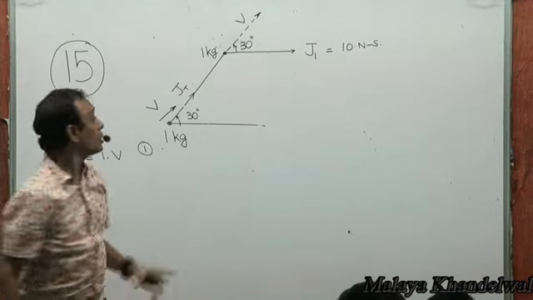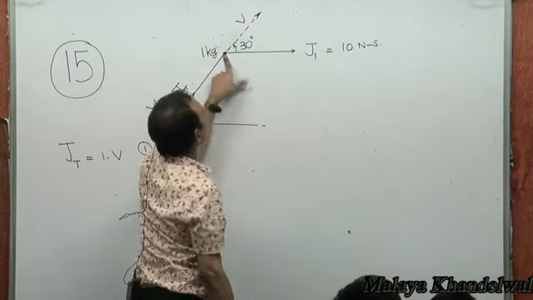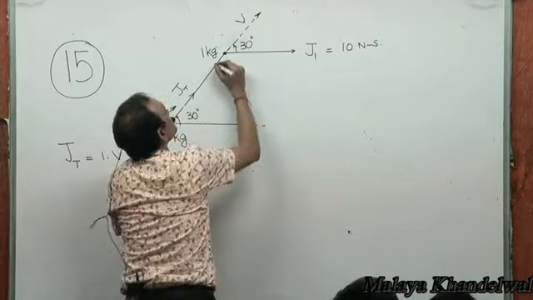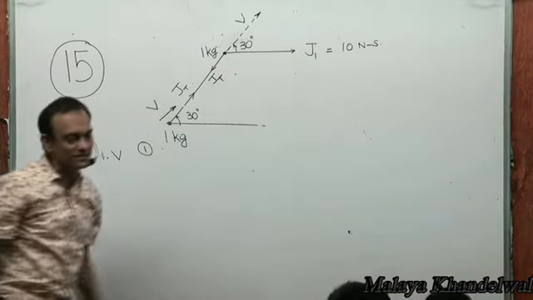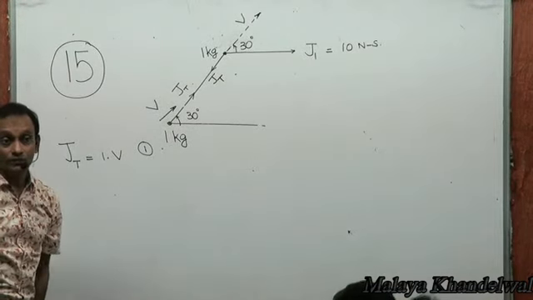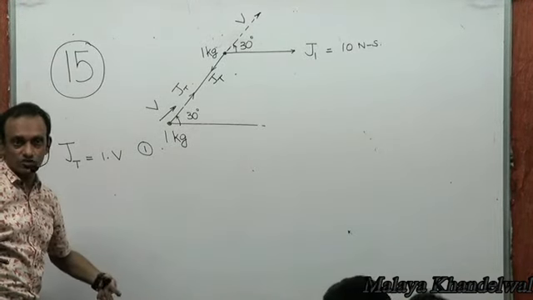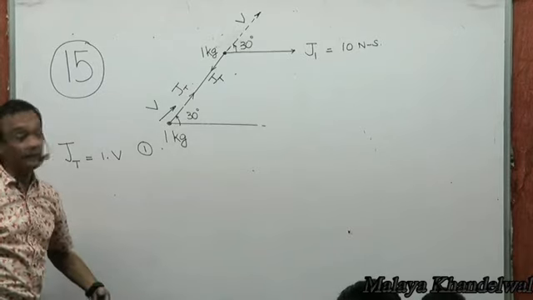Yes or no? Now, what are the impulses acting on this mass? There is J1 acting like this, and then there is the impulse because of the tension in the string, JT, acting on this mass. Yes or no? On this mass also there is string force acting for a short time, right?